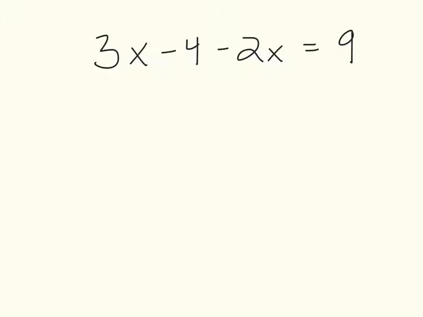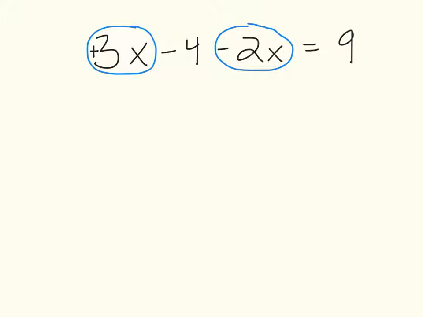Alright, let's do it. I'm going to work in a different color. I've got a 3x, and I've got a minus 2x. Those both have the letter x in it. Those are both variables. I can combine those like terms. To help my poor brain out, I'm going to add the plus sign in front of this 3x. Remember, if nothing's written down in front, then we can assume that it is positive.